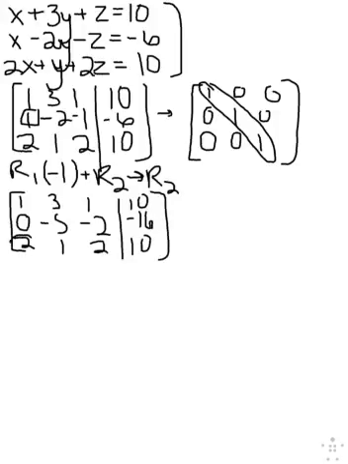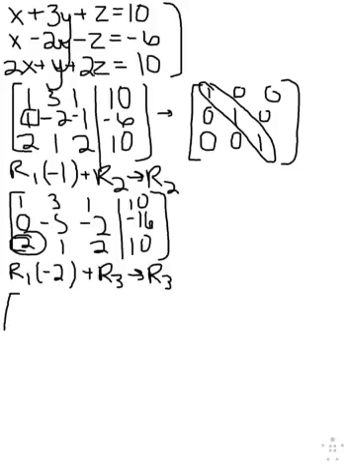And now we want this to be 0. So we'll do row 1 times negative 2 plus row 3, and we'll store that in row 3. Oh, make that bigger.